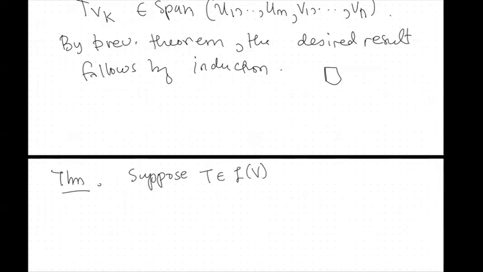Suppose we have a linear operator T with an upper triangular matrix. We will denote that with M(T) with respect to some basis.